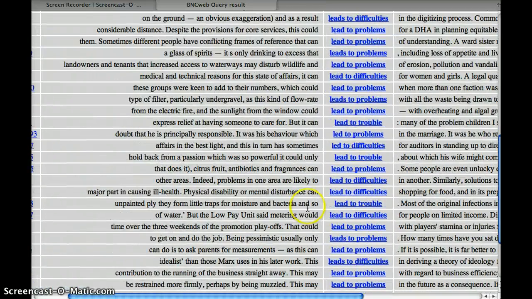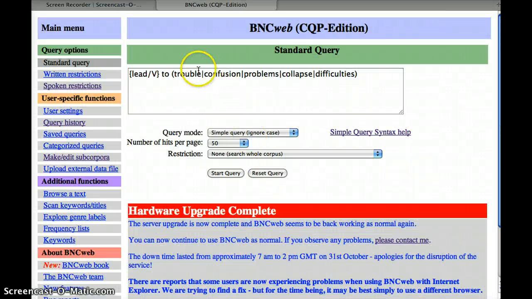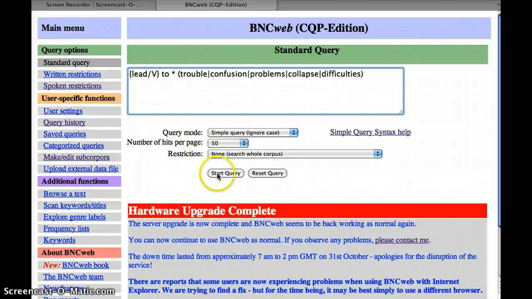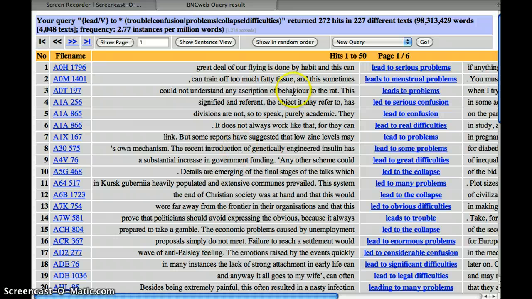But like I say, there might be a word between, so lead to big trouble, lead to major trouble, or major problems. So we can always try and account for that by putting in, allow for an optional word here. And we get 272 hits.